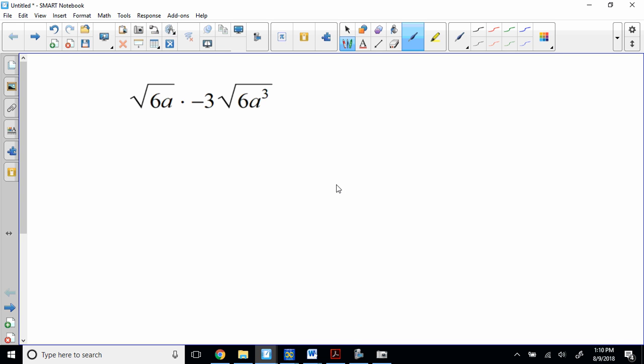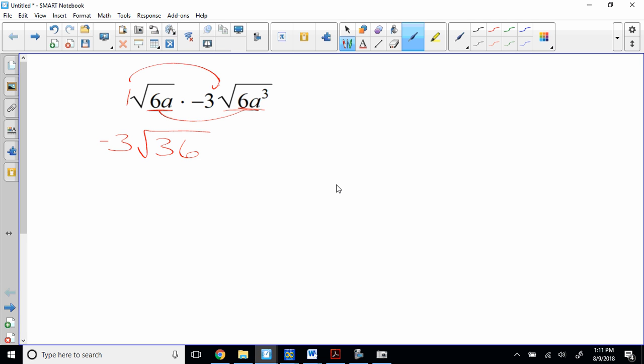We can do a couple of different strategies here. Watch me. Here's 1. So we can do 1 times -3, which is -3. Then, this is what's in the radical, right? That's the radicand. So 6 times 6 is 36.